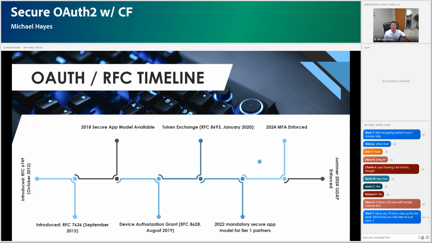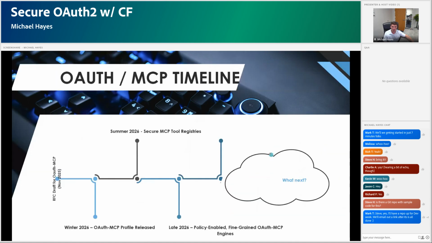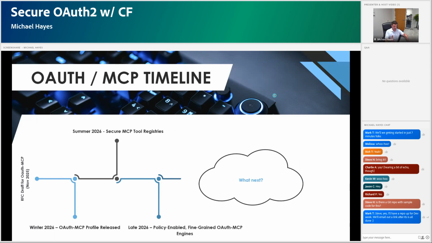And then a little bit of the roadmap for where OAuth 2.0 is going to be heading over the next couple of years is it is going to be revamped to work with agentic AI, which is very, very interesting. There's a protocol called Model Context Protocol. Depending on your level of understanding and knowledge with AI, you may or may not have heard of this.